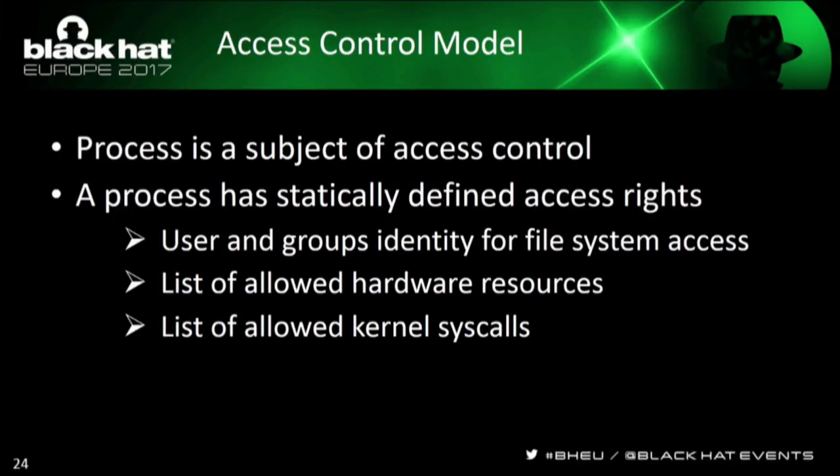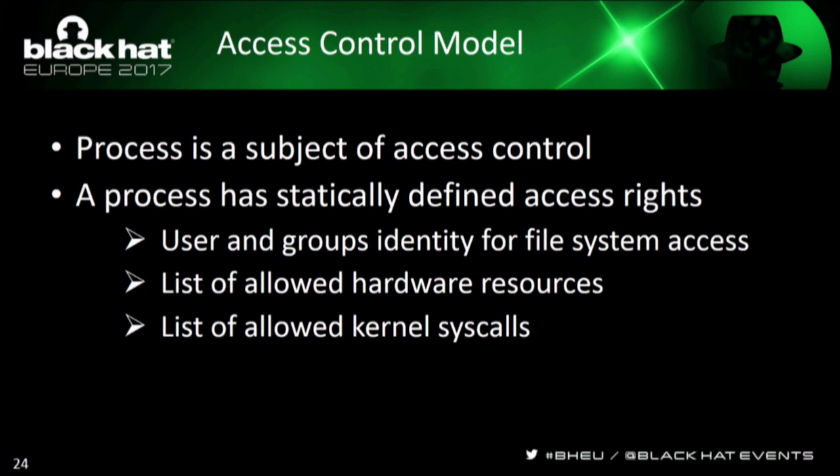Each process in Intel ME has statically defined privileges, for example, whether a process can access particular kernel services or system calls. Also, for each process, its metadata, a special file, hardcodes a list of hardware resources which the process can access.